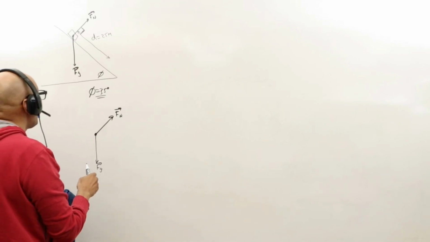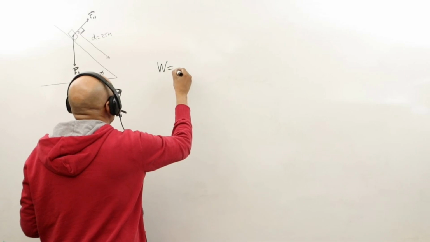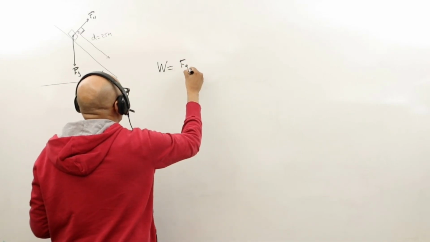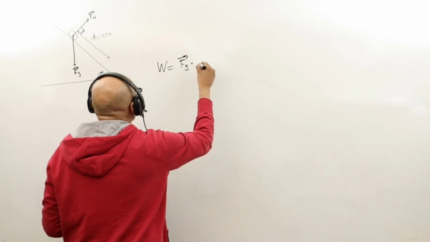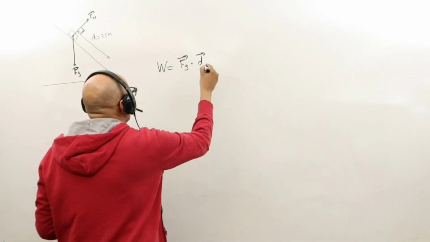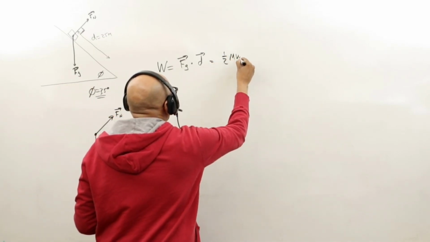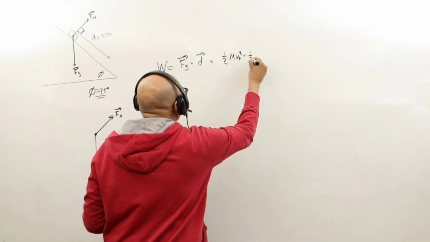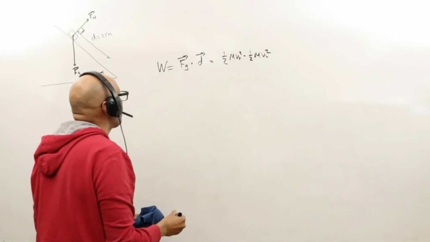We could say the work done is equal to the force of gravity dotted with the displacement vector, and that's going to be equal to one half m v final squared, the change in the kinetic energy of the system.